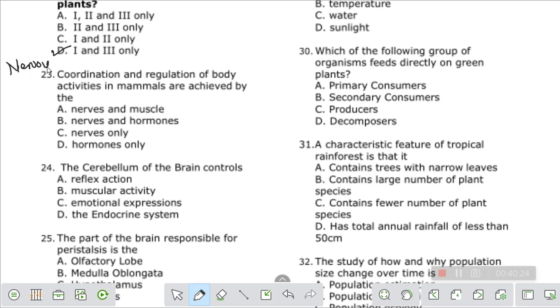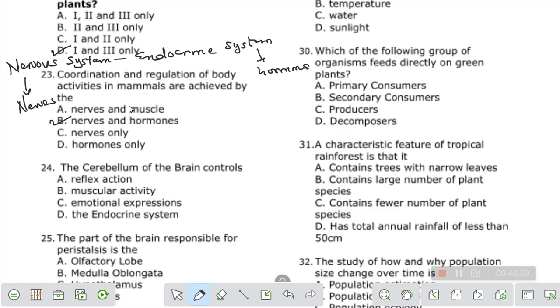Now the cerebellum of the brain. That's why I taught you the nervous system. Questions normally come out on it. So what's the function of the cerebellum? The cerebellum of the brain controls what? Is it the reflex action, muscular activity, emotional expressions, endocrine system? I'm expecting you to know.